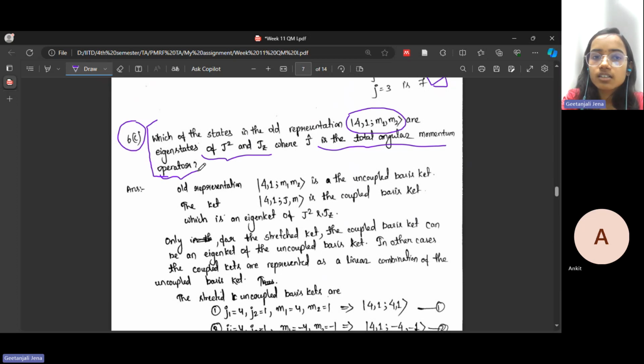So in the old representation, you have different kinds of states, right? You have 2j plus 1 states. You have seen it is 27 states, right? So in those 27 states, how many states are the eigenstates of J square and Jz?